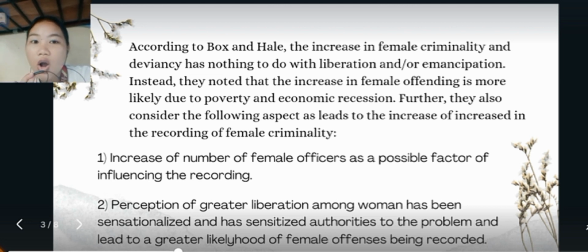First, the increase in the number of female officers as a possible factor influencing the recording. Second, the perception of greater liberation among women has been sensationalized and has sensitized authorities to the problem and led to a greater likelihood of female offenses being recorded.